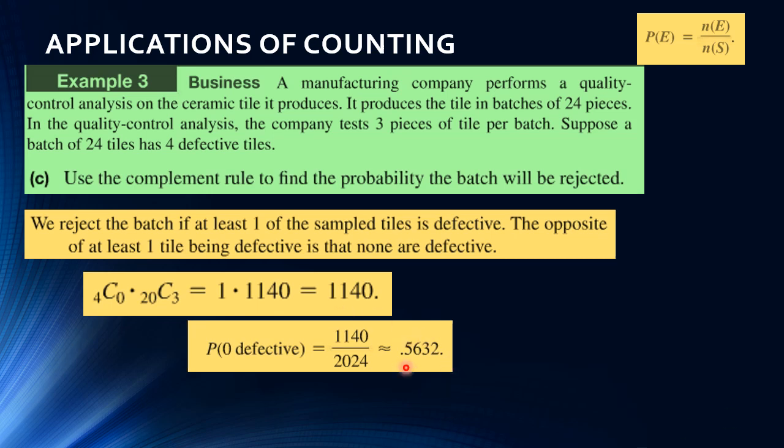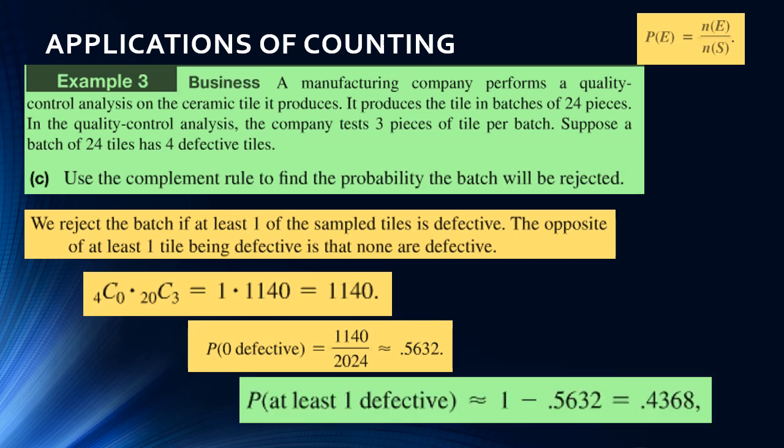But remember, this is not what we want. We don't want the probability that it will be shipped because there are 0 defects. We want the probability that it will not be shipped, that there's at least 1. So remember, with the complement rule, we have to subtract this number from 1. And here you can see we get the same answer, 0.4368, that we got in Part B.